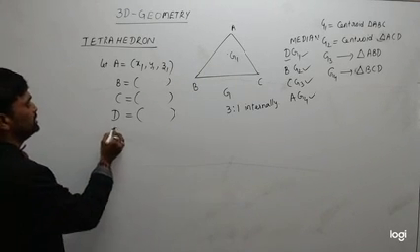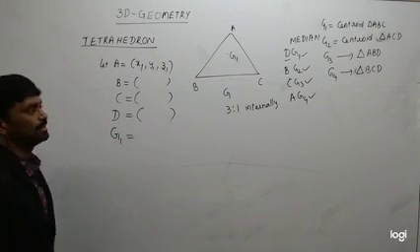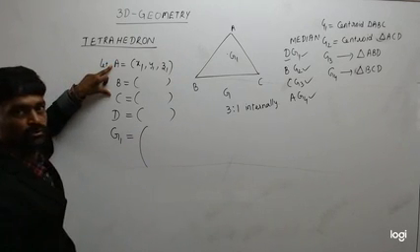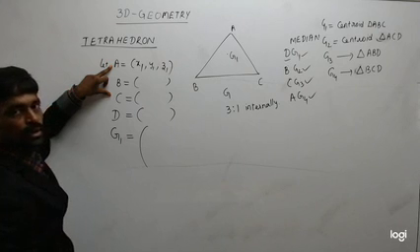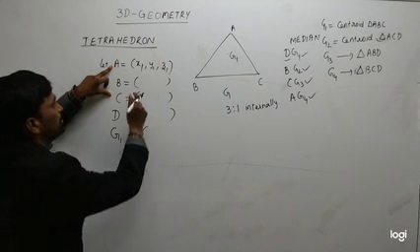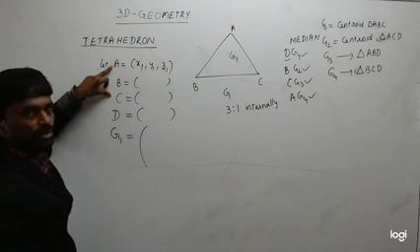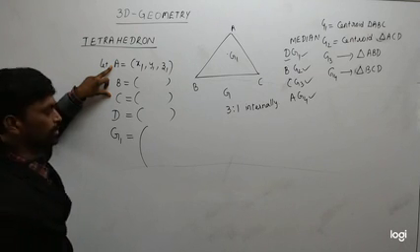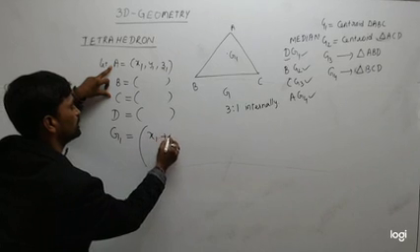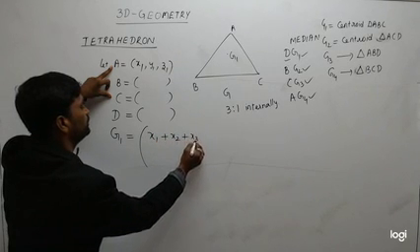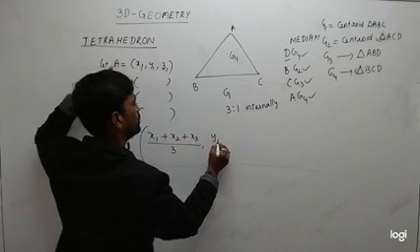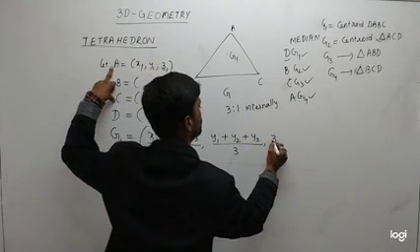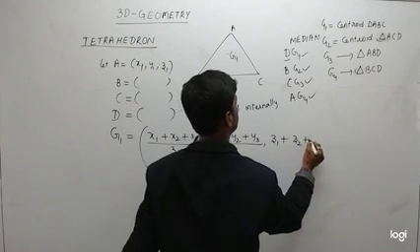So now I'm finding G1. G1 is the centroid of the triangle ABC. What is the centroid of the triangle ABC? Just now we have learned. The x coordinate of the centroid is the average of x coordinates of A, B, C. Next, the average of y coordinates, next the average of z coordinates. So for point G1, what do we get? x1 plus x2 plus x3 by 3. Next, y1 plus y2 plus y3 by 3. Next, z1 plus z2 plus z3 by 3.